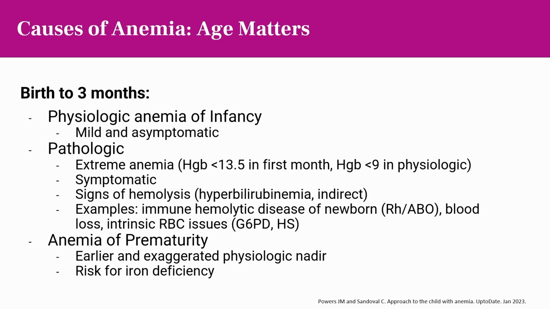So when looking at different causes of anemia, it's important to remember that the etiology will differ based on age. So age really matters. From birth to 3 months, we have physiologic anemia of infancy. Of course, there are also pathologic anemias that exist in this age group as well. Physiologic anemia of infancy occurs anywhere between 6 weeks to 9 weeks of age in a term baby.